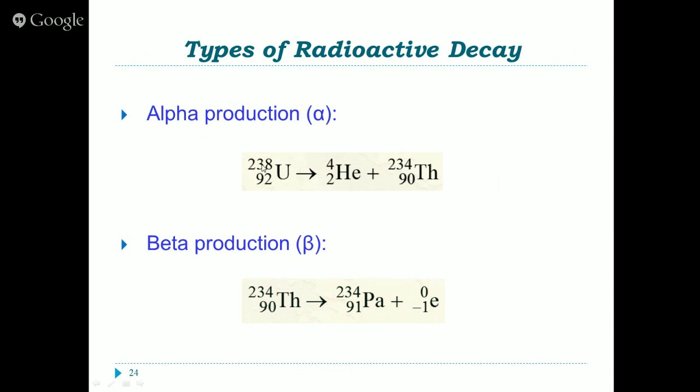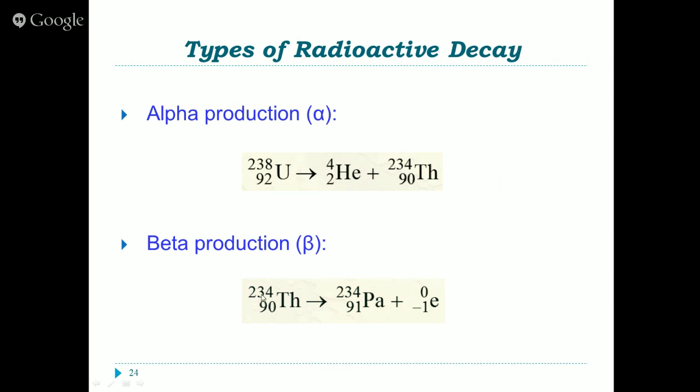I'd like for you to pay attention to the fact that we have to have a balanced equation here, which means that the top numbers have to equal each other. 238, arrow sign, we can think of that as an equal sign, has to equal 4 plus 234. On the bottom, 92 equals 2 plus 90.